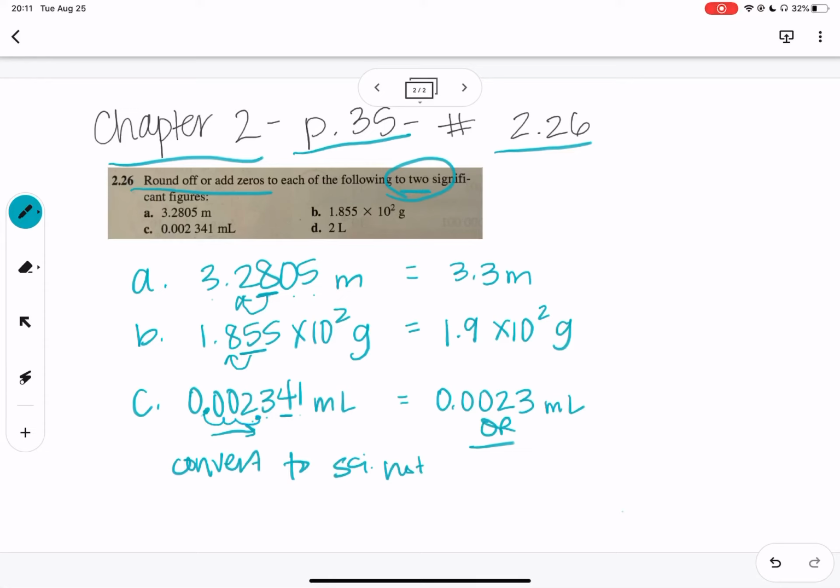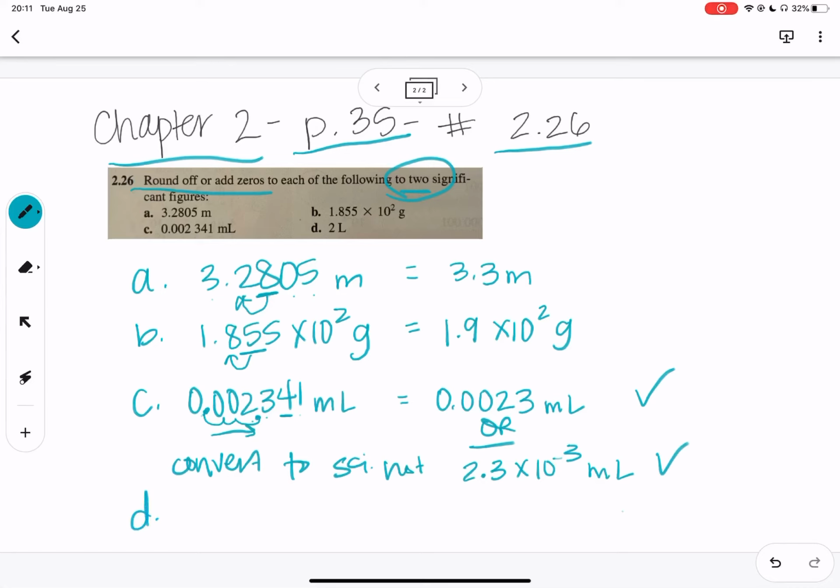So I moved to the right 3 times. So now I have 2.3, two significant figures there. And then because I moved the decimal, I have to show that in my scientific notation, so times 10 to the negative third milliliters. These are both correct. Neither is more right than the other.